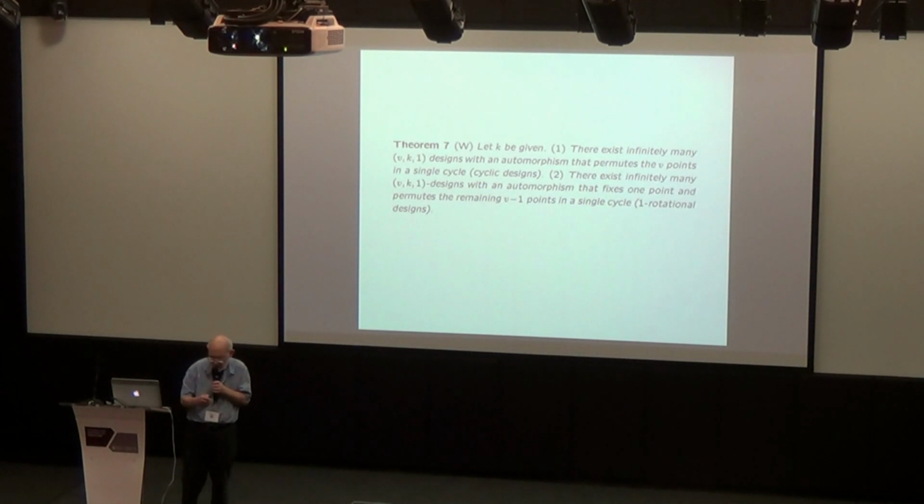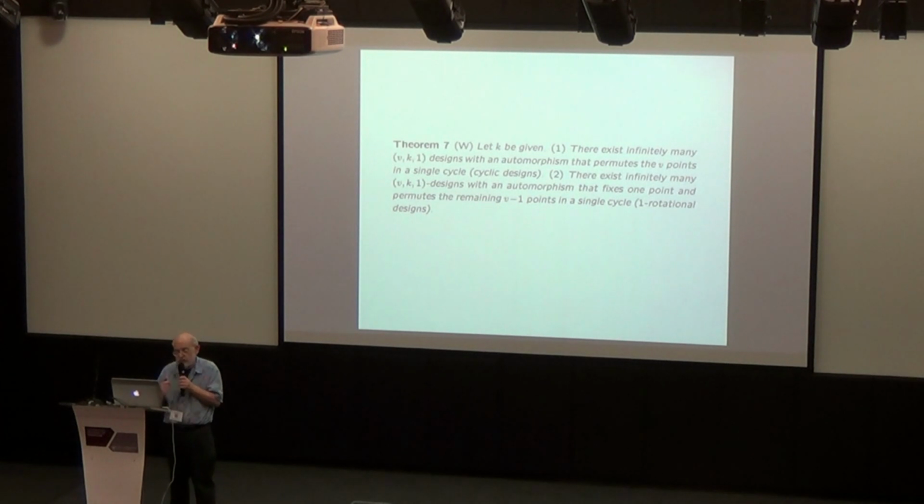But in terms of using graph decompositions, one can prove that for any fixed block size k, there are infinitely many one-rotational designs with that block size. So that does use the graph decomposition, but it needs cyclic decompositions which come from finite fields. And you don't get arithmetic sequences of possible orders, but infinitely many is nice to know.